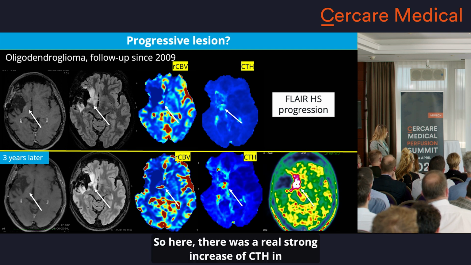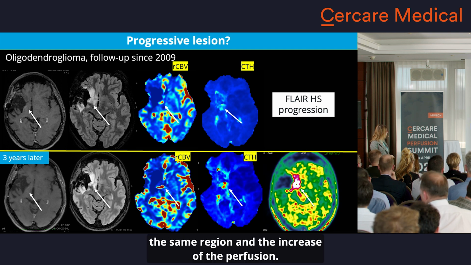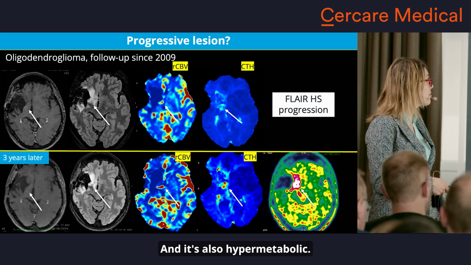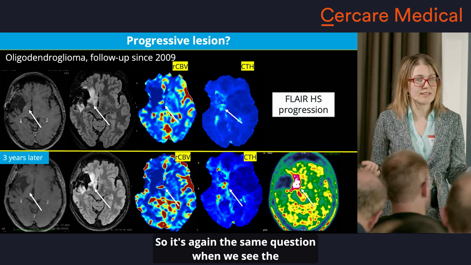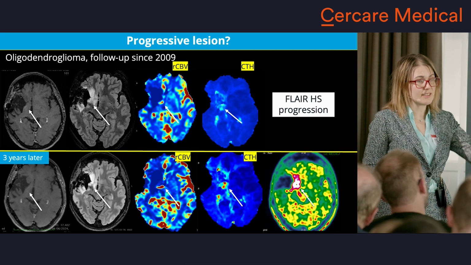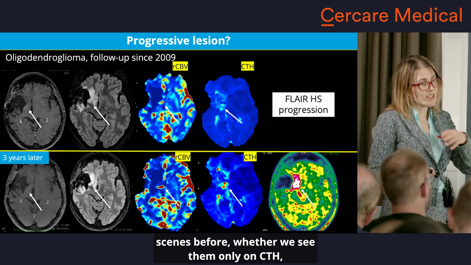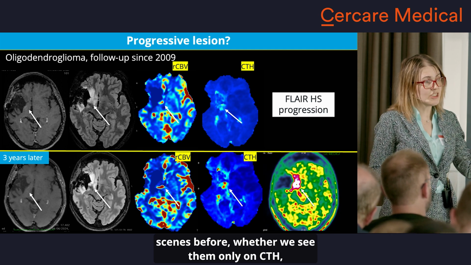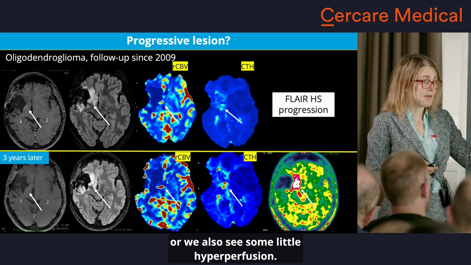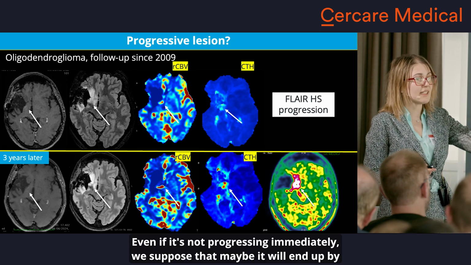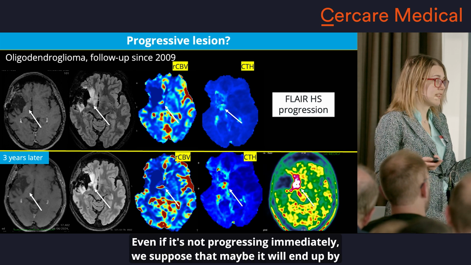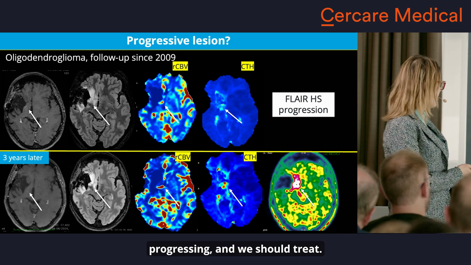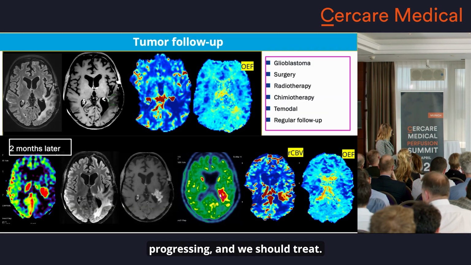So here there is a real strong increase of CTH in the same region, and the increase of the perfusion, and it's also hypermetabolic. So it's again the same question as in the cases before: do we see them only on CTH, or do we also see some little hyperperfusion? Even if it's not progressing immediately, we suppose that maybe it will end up progressing and we should treat earlier.